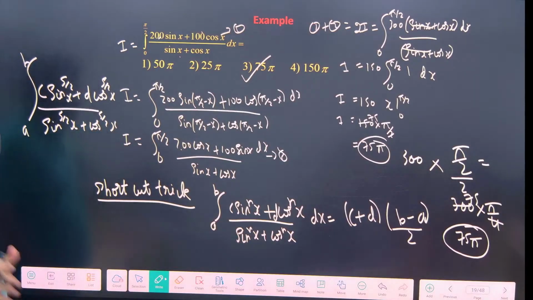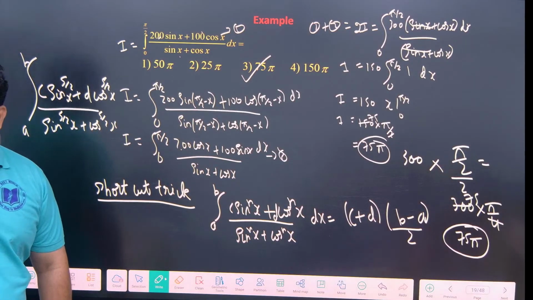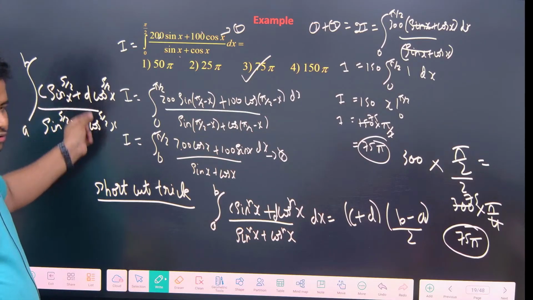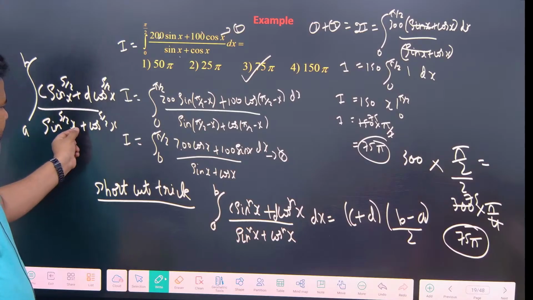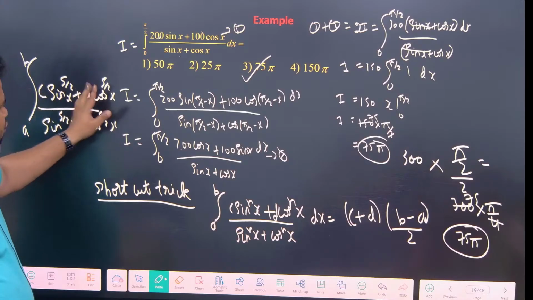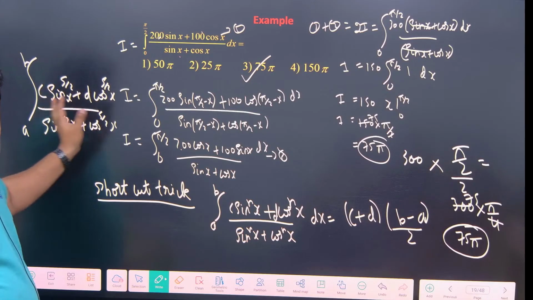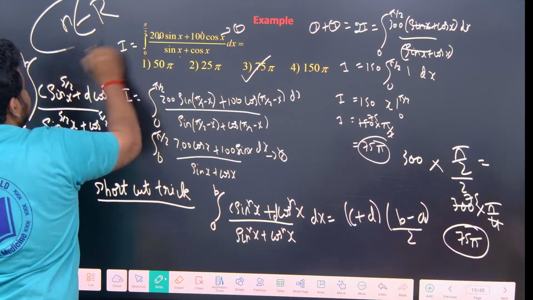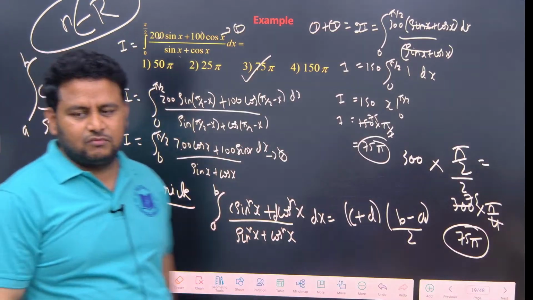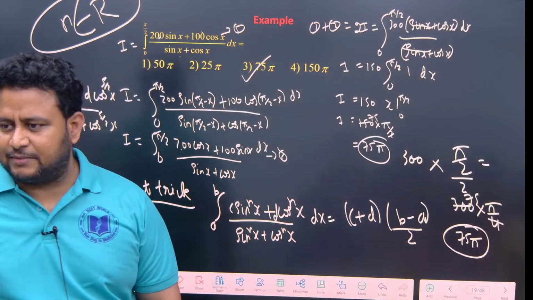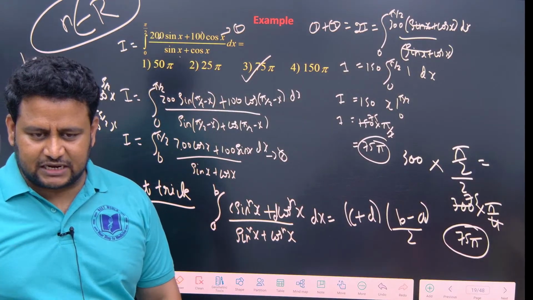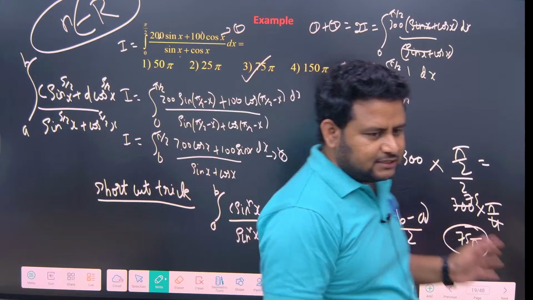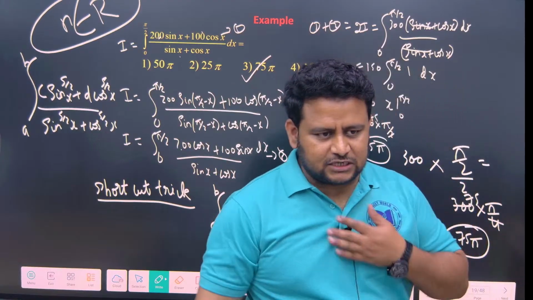Or root 2, anything. But the power should be same in numerator and denominator. n can be any real number, fraction, rational, irrational, anything. This is very important. You can apply this shortcut trick suitably. Clear? Understood this trick?